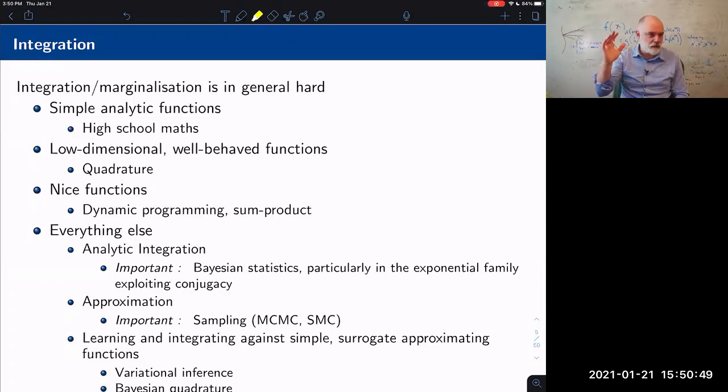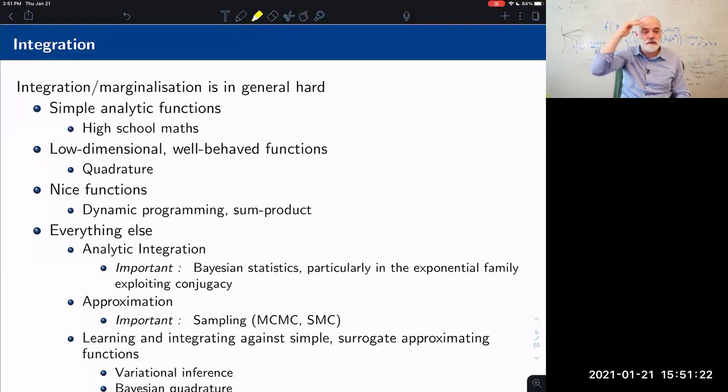You can look them up, apply various rules, and so on and so forth. Numerically, if you have low-dimensional well-behaved functions, you can do quadrature, where you evaluate the function at various points and effectively build parametric approximations of the function that you can compute the area underneath the curve for, right? For various nice functions, like the HMM example that I gave before, you can do various integration things via dynamic programming or message passing via sum-product or something like that.